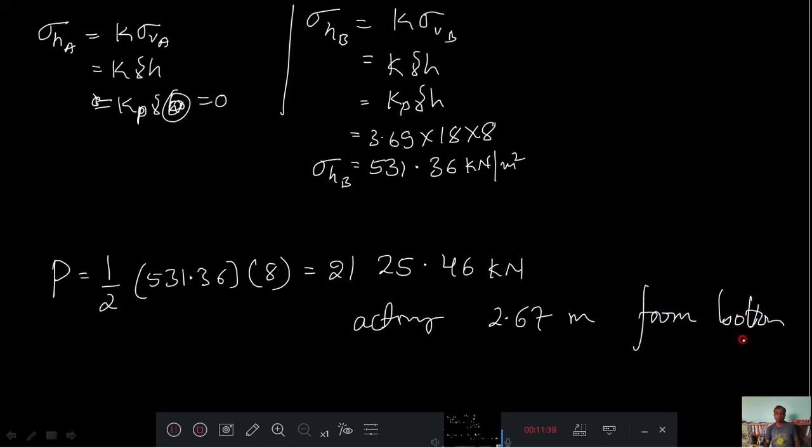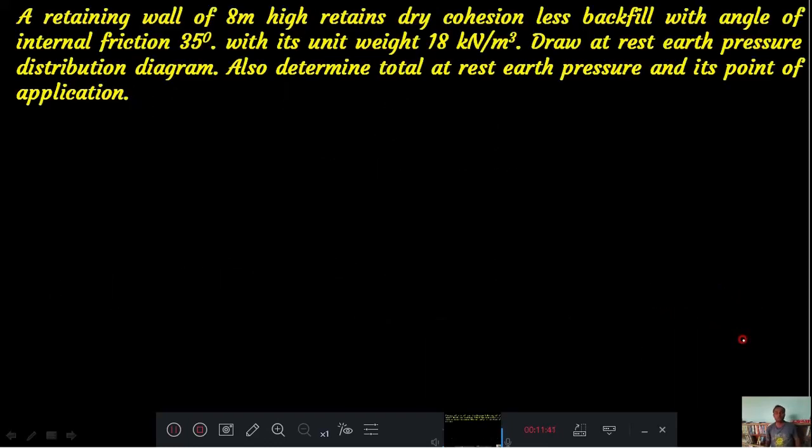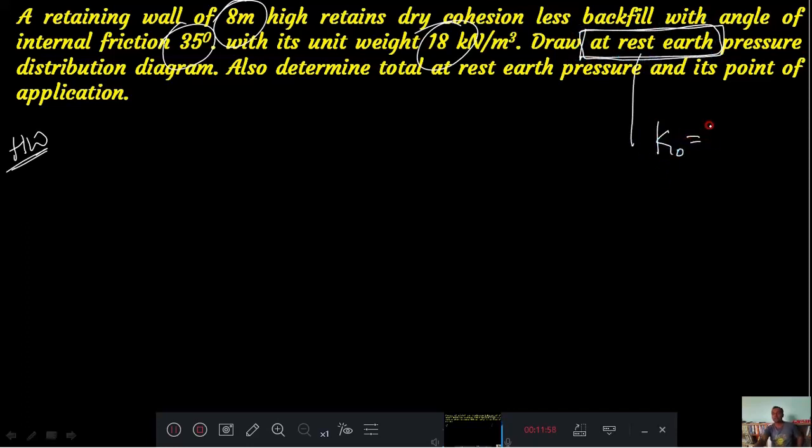Okay, the problem solved. Going back to the third problem, and this I will give you as homework, that is exactly same, 8 meter is there, 35 is there, 18 is there, but the condition given is at rest. At rest condition means the K you calculate will be K naught, that is equal to 1 minus sin phi.